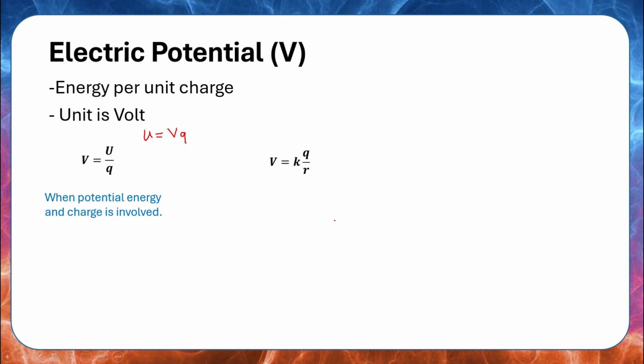Now, if there is a charge involved and a test charge, a reference point, then we're going to use this formula. So if there is a presence of charge and a distance of that charge from a test charge or a point, then we're going to use this formula.